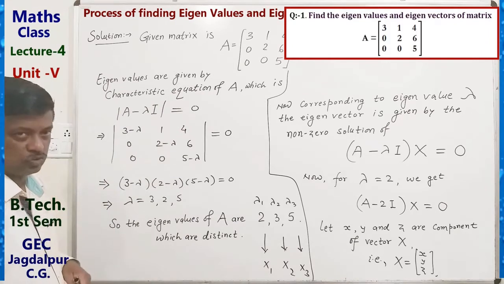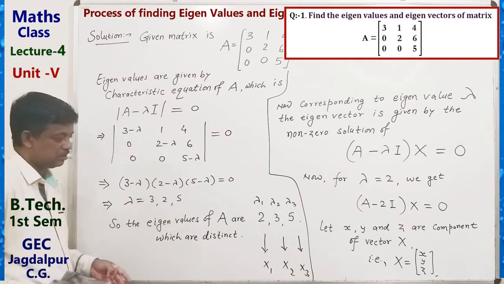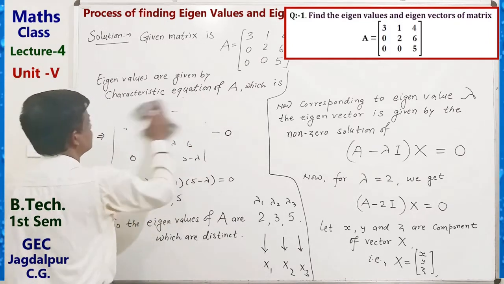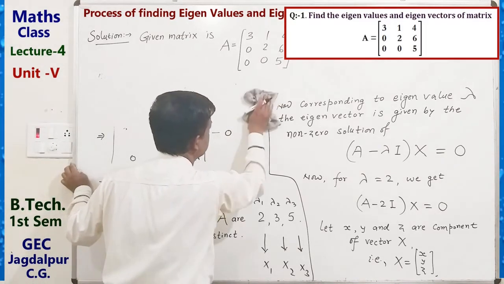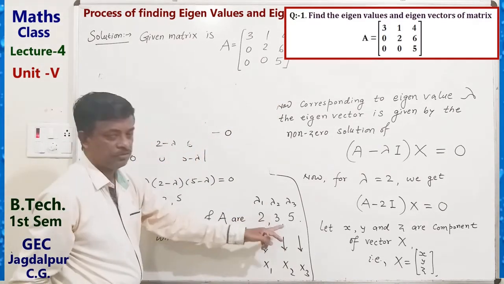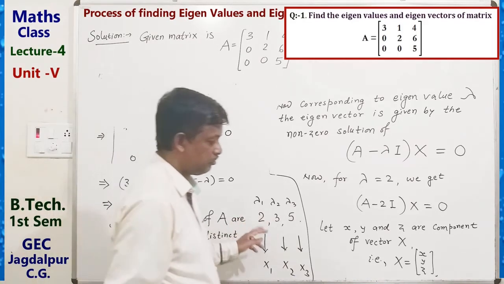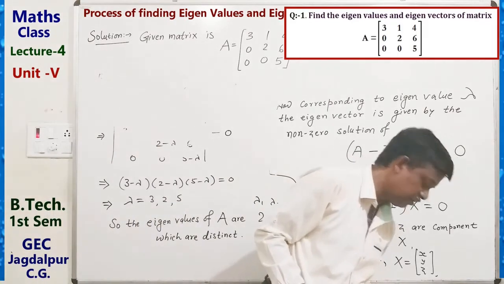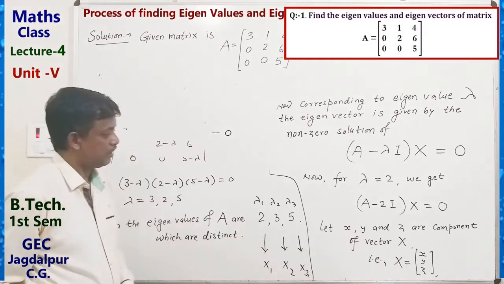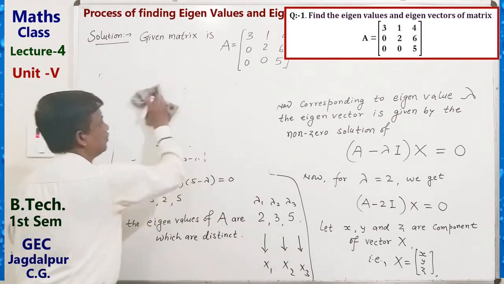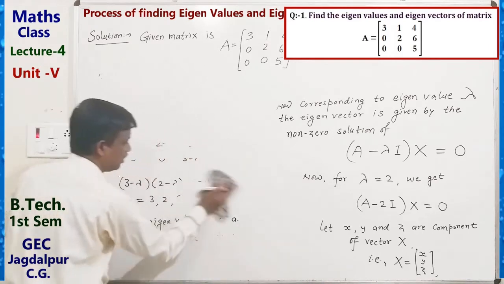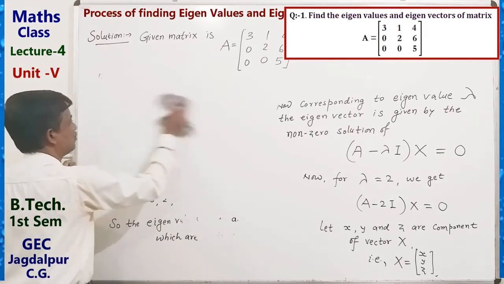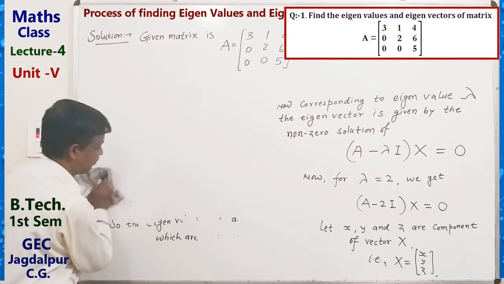This is the process for finding characteristic roots, that is eigenvalues. One by one we have to find the eigenvectors for 2, 3, 5. Now after this step we have to find x1, x2, x3 corresponding to 2, 3 and 5.